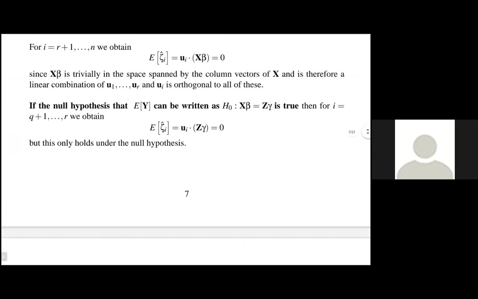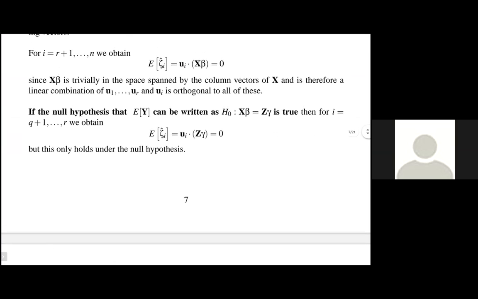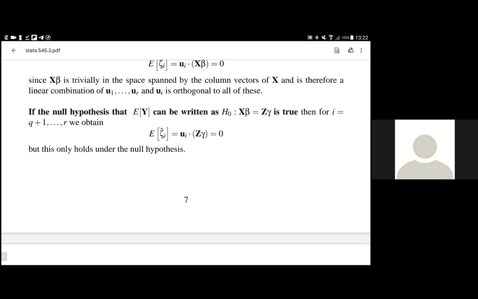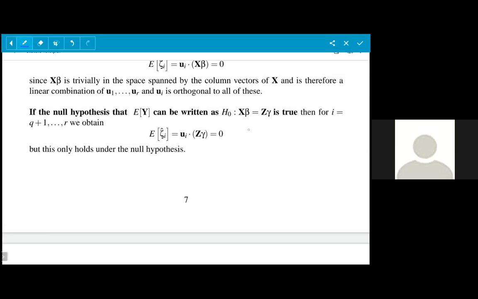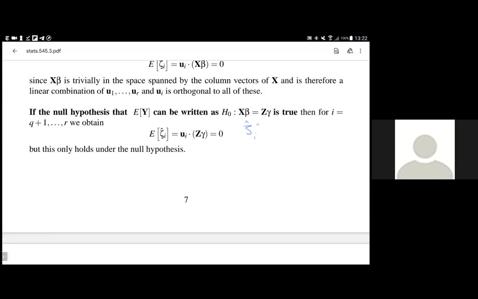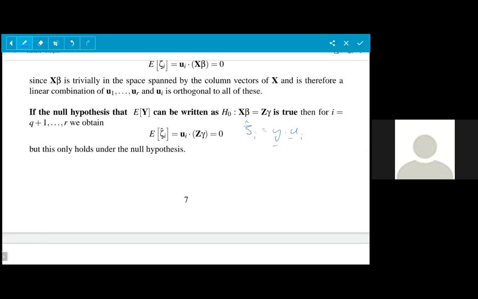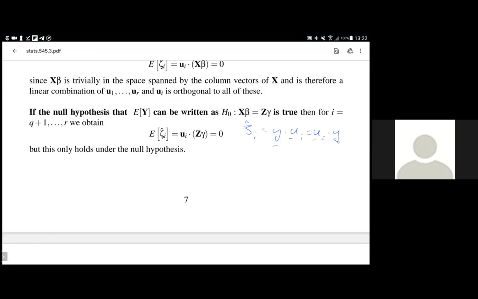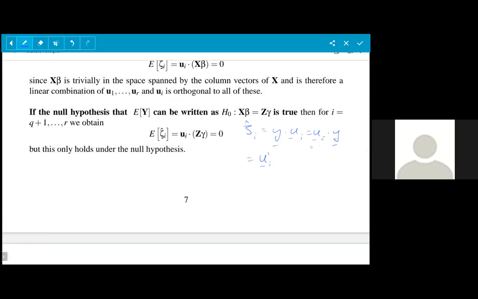So what we're going to do is take each of these zeta i hats, and we can write it as y inner product ui, or equivalently, ui inner product y, or equivalently, think of ui as a matrix, an n by 1 matrix, and take the transpose of it.